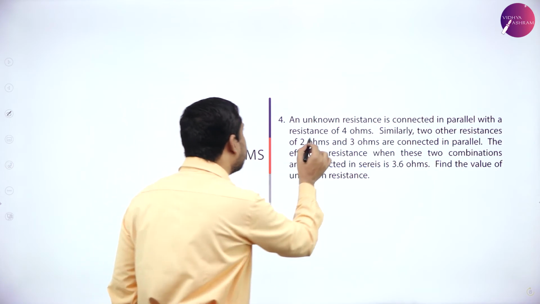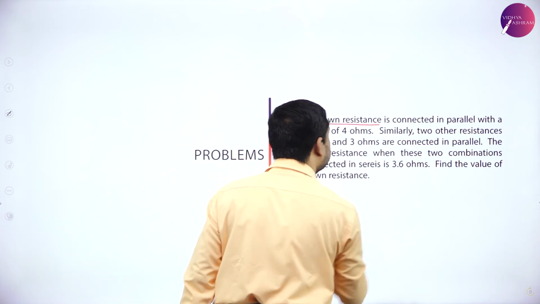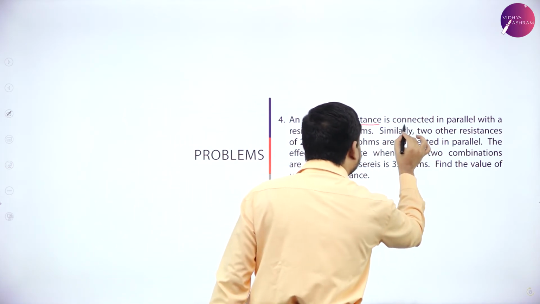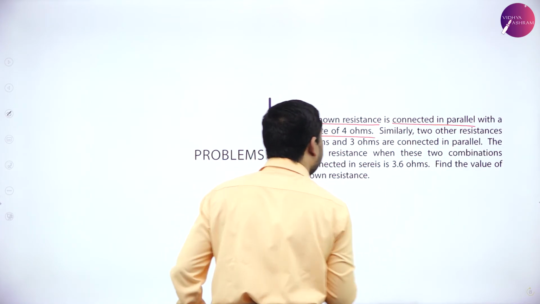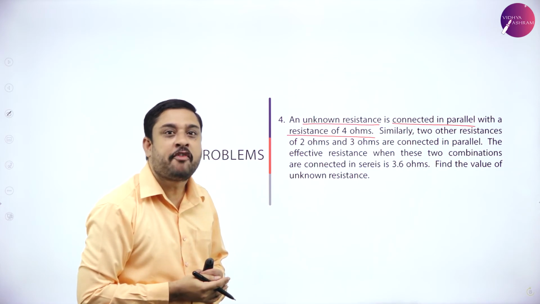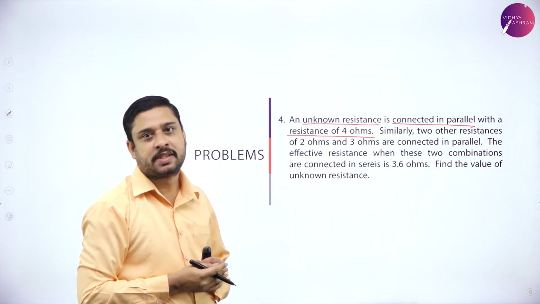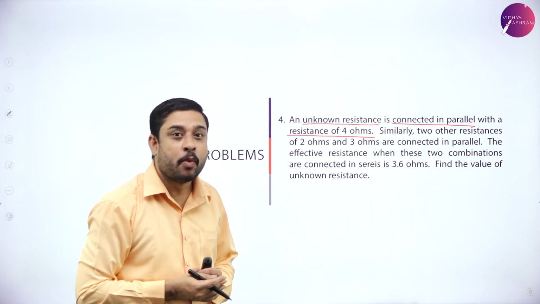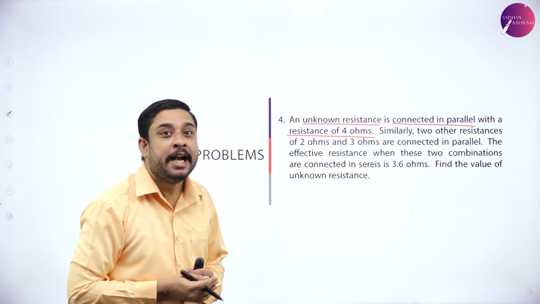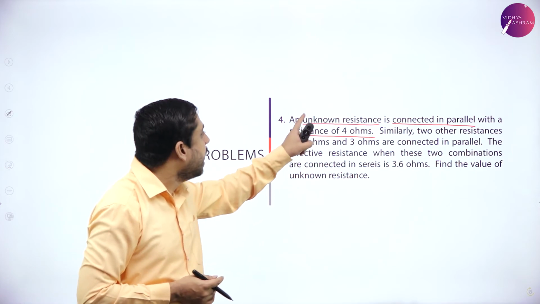An unknown resistance is connected in parallel with the resistance of 4 ohms. First, you have to draw the circuit. When you draw the circuit, it will help you to solve.